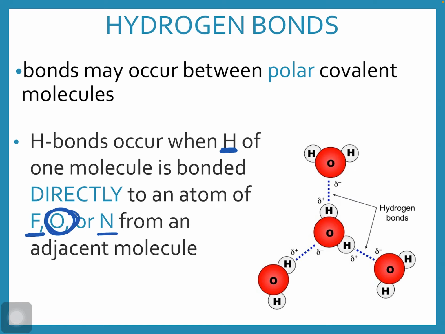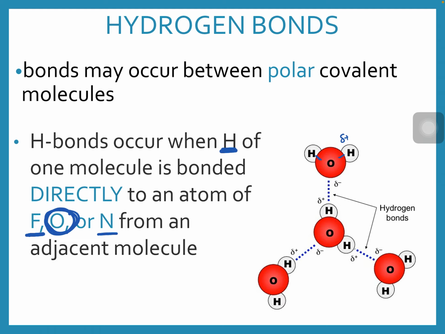So if we think back to our polar molecule, the bond between each hydrogen and oxygen was polar. And then because it wasn't symmetrical, those didn't cancel. So we ended up having the oxygen end of water was slightly negative and the hydrogen end is slightly positive.